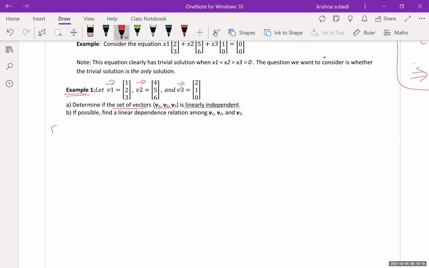What we are supposed to do is consider the vector equation x1 v1 plus x2 v2 plus x3 v3 equals 0.